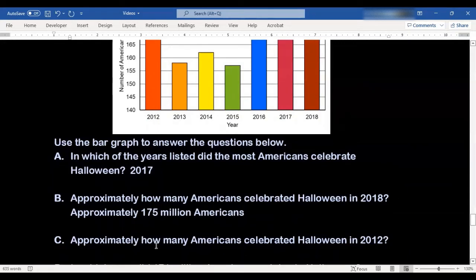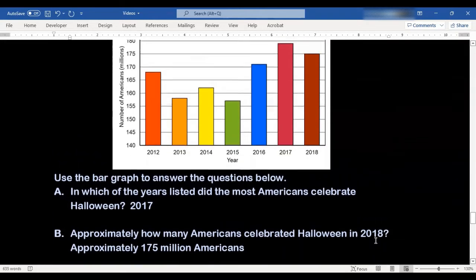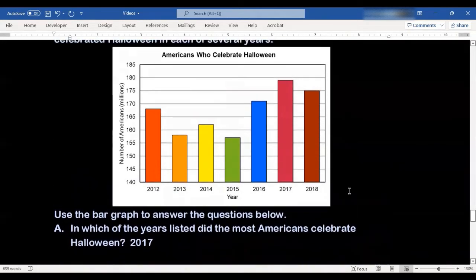Then it says, approximately how many Americans celebrated Halloween in 2012? Let's come back up to the chart. Here we have 2012. This one's a little bit trickier, because the top of this bar is not landing exactly on a line. It's in between the two lines, 165 and 170.